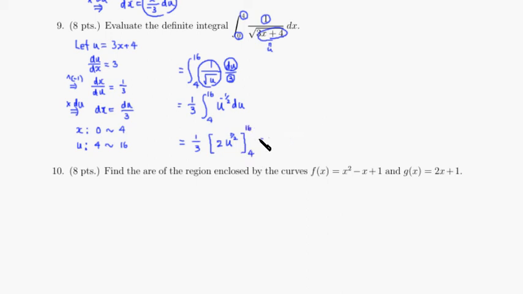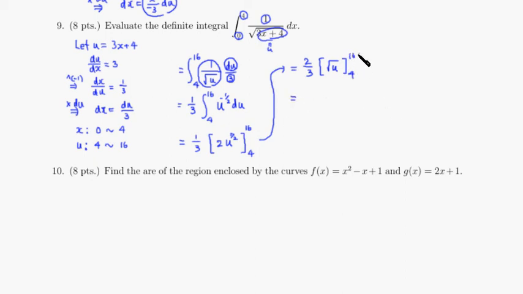I'm going to go up here since there's more room. This is equal to, pulling the 2 out, 2 over 3, and u to the 1/2 power is the square root of u, from 4 to 16.